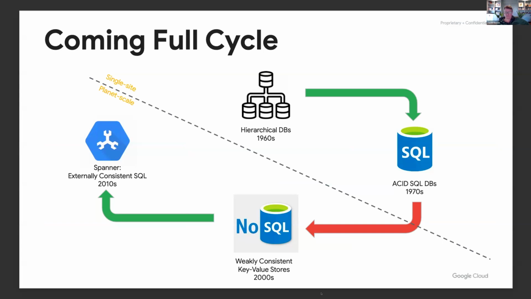And those all worked essentially on a single site, even though you had IBM building systems with tightly coupled multiprocessors to scale up the amount of data. So there is really, with the internet, a discontinuity where we went from tightly coupled single site systems to suddenly trying to do things at planet scale.